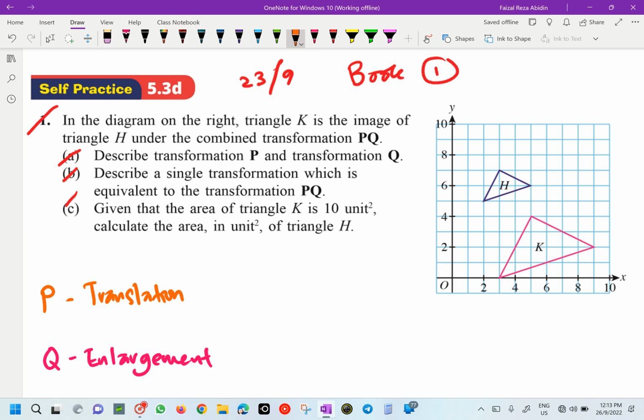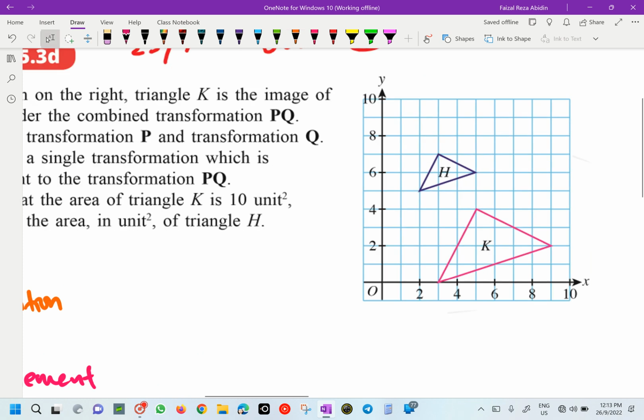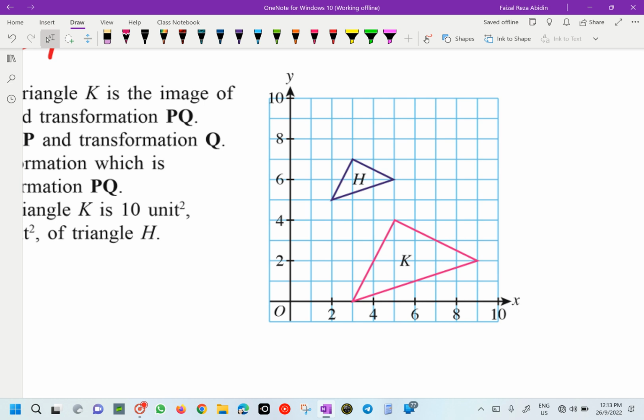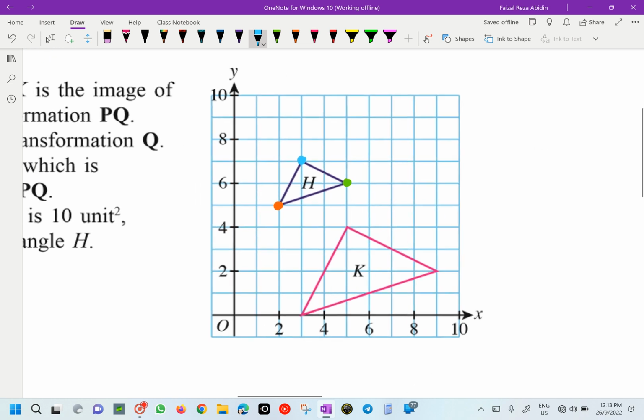Right? So first thing first, I'm going to go from my H to our K. I'm going to have all the vertices here, the blue point there.